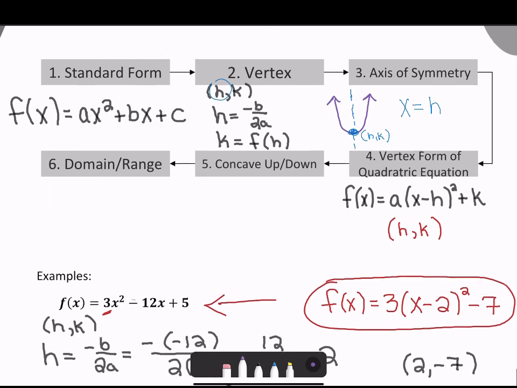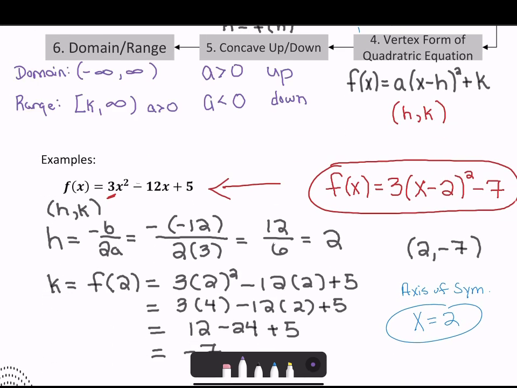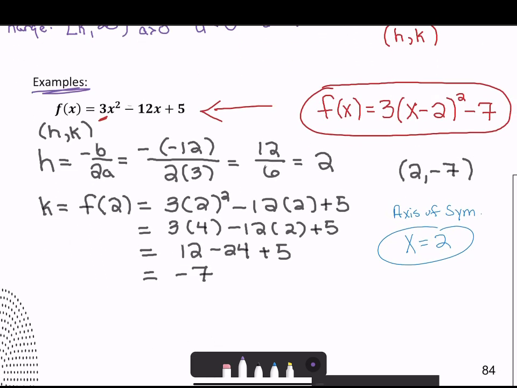So let's go to an example, right? So if you go down here to this example that we did at the bottom of the page, your A value is 3, right? That's a positive number. That's going to be a parabola that's concave up. So my range, if I wrote it over here, your range is going to be bracket, what do we have? -7 to infinity.